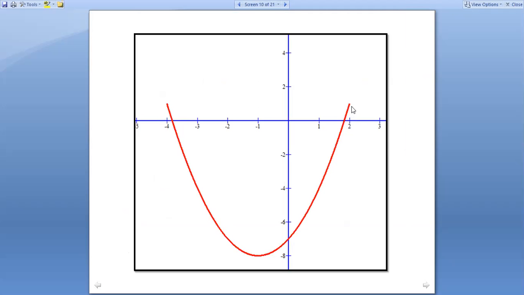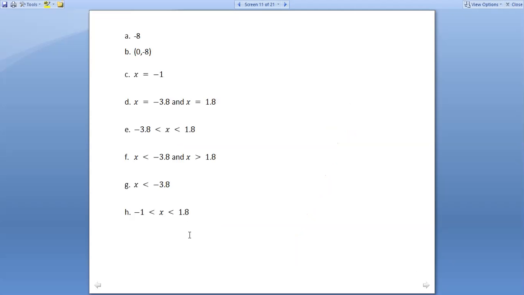And from here to here, function increases positively. Now they ask you the range of where the function decreases positively. So the x value is less than -3.8, the function decreases positively. X value less than -3.8.